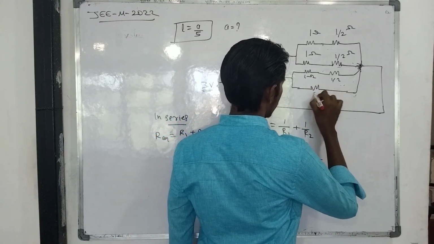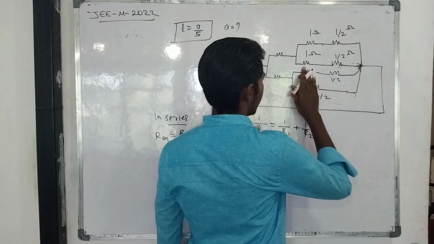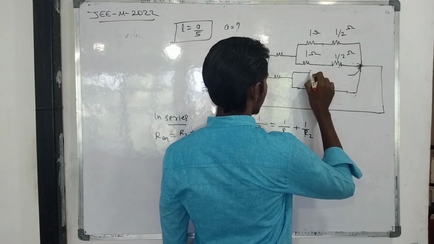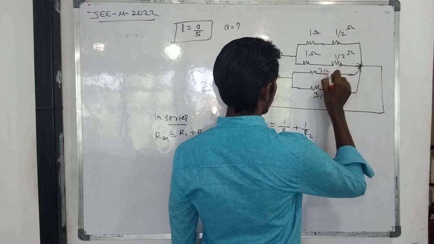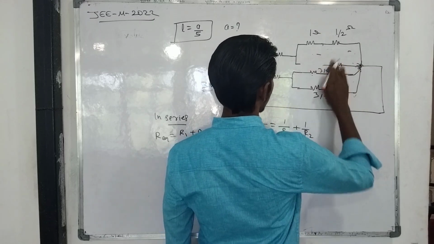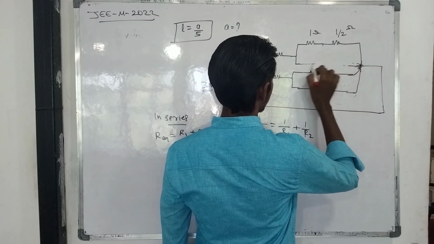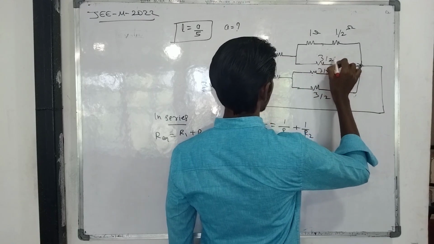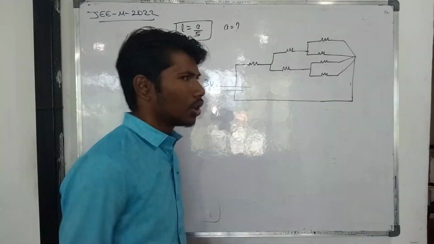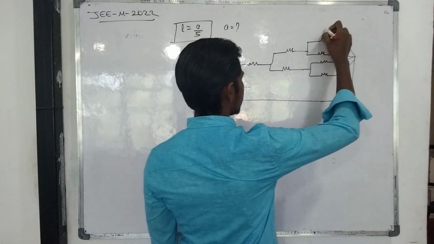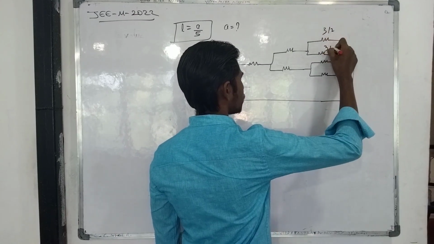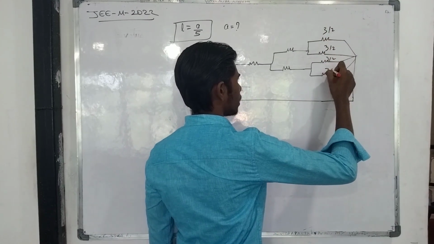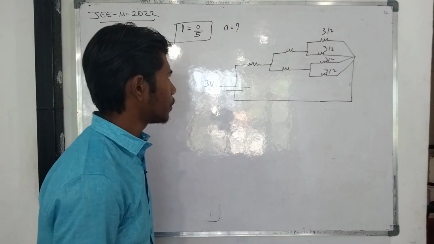So 3 by 2. Similarly here also it will be 3 by 2 ohms. Remove this, this also will be 3 by 2 ohms, this also will be 3 by 2. Okay, now we have each resistor of value 3 by 2 ohms, 3 by 2 ohms, 3 by 2 ohms and 3 by 2 ohms.